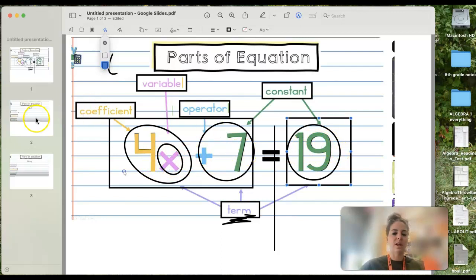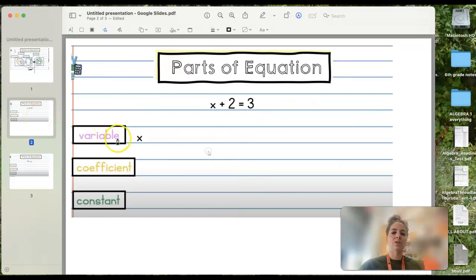All right, we're going to go on to the next one and just see if we can identify each of our words. So in this equation, we have x as our variable. So a coefficient, we said, is in front of a variable. If you look right now, there isn't a number right in front of our variable, but we could think of the coefficient as a 1.